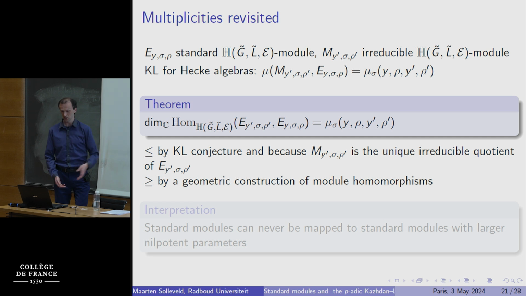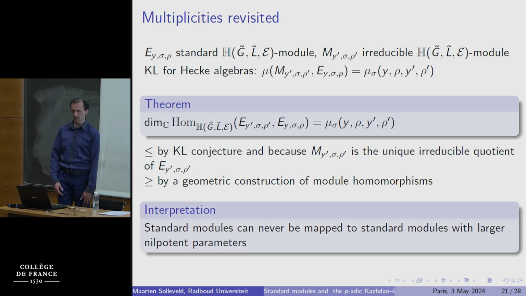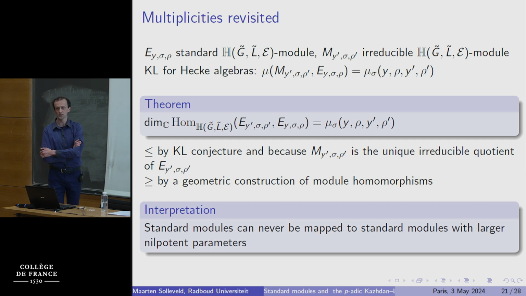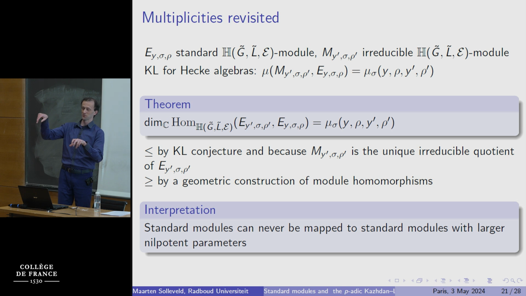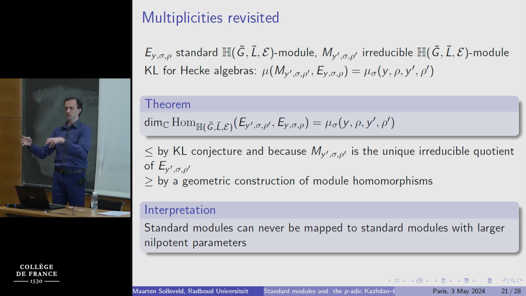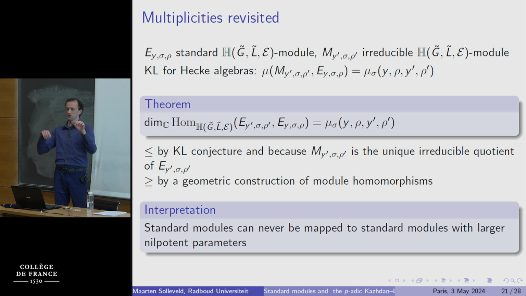So here, this is really the part where the most geometry is involved. And among other things, this tells us that if you have two standard modules, then you can never map one standard module to a standard module where you have a nilpotent parameter which is larger, but you can always map a standard module to another standard module where the nilpotent parameter is smaller.